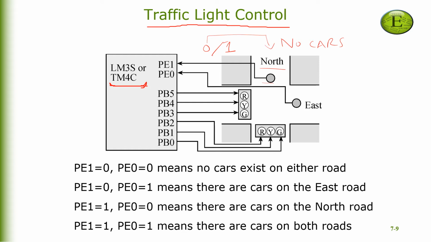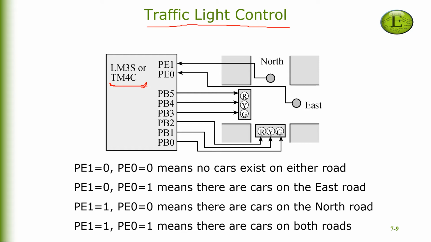So no car here in the north direction, and 1 means that there are some cars in this north direction. So there might be some cars in the queue or on the north side of the traffic signal. So 0 means no traffic, no car, and 1 means there are cars.